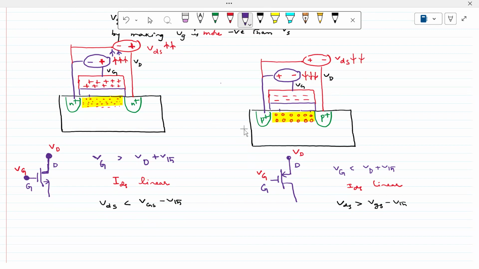Less positive than this one. Now the drain potential is more and the gate potential is less. How much less is this? At least one threshold less of the gate potential. Okay, under this condition, what will happen?